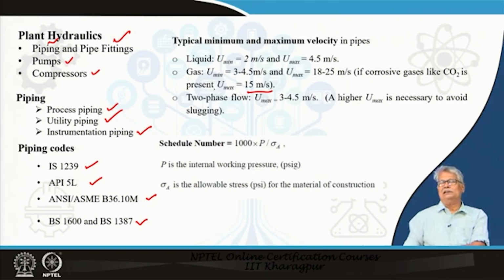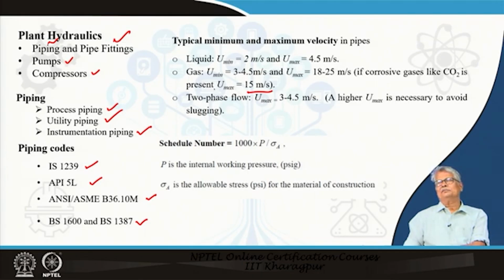If the piping is not damaged, what happens actually is your pipings are always anchored on supports, and they get dislodged from the supports. So, that has to be avoided, and for that we have to avoid slugging, and we usually take the velocity close to around 4.5 meters per second.